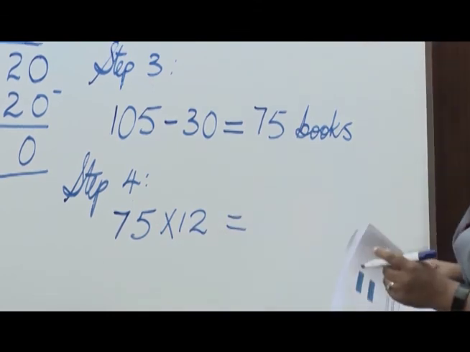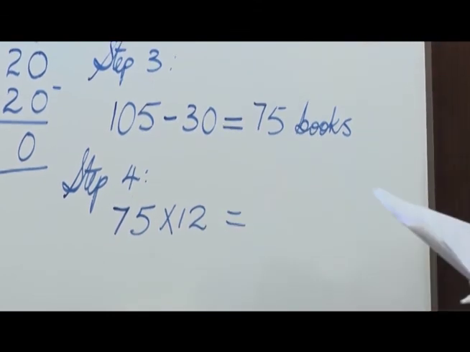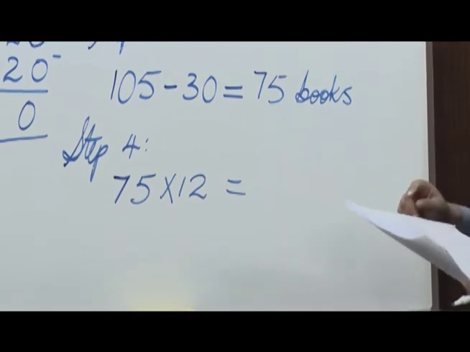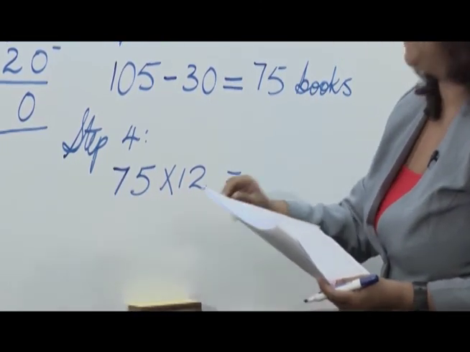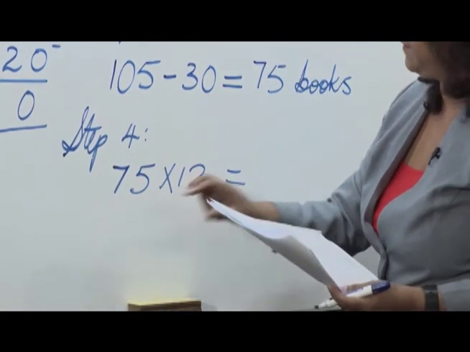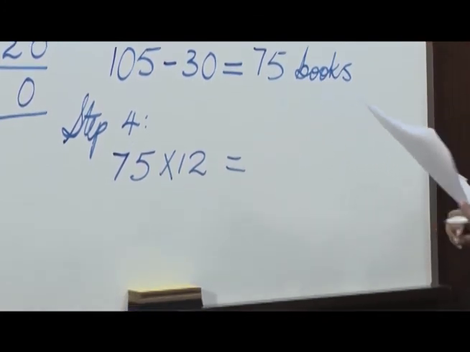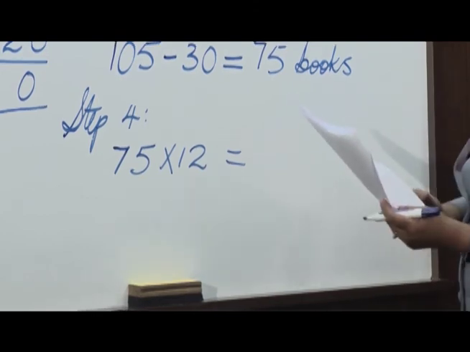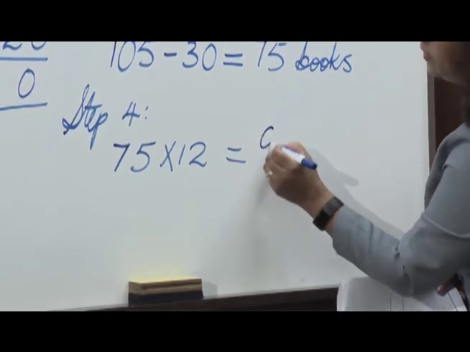And again, I can use my mental math strategies to work this out. 75 times 10 will give me 750. 75 times 2 is 150. 750 and 150 will give me 900.